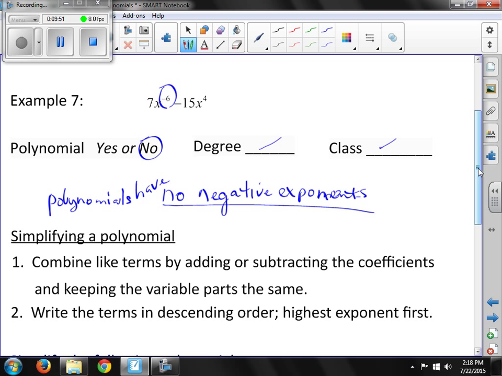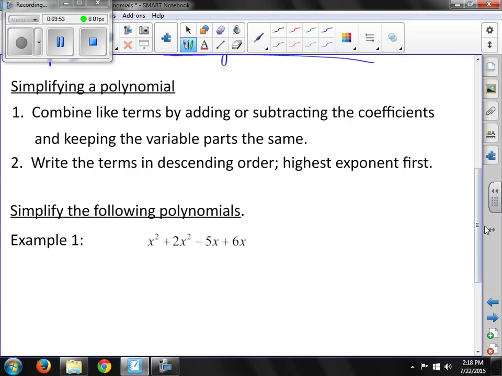Okay, simplifying a polynomial. When we simplify a polynomial, we want to combine like terms by adding or subtracting the coefficients and keeping the variable parts the same. And it's customary when we are simplifying a polynomial to write the terms in descending order from the highest exponent to the lowest, writing the highest one first.